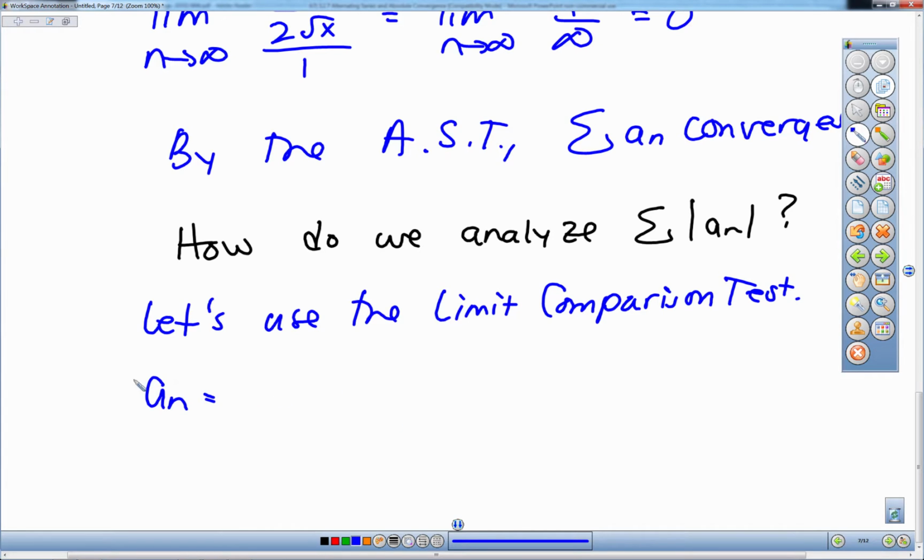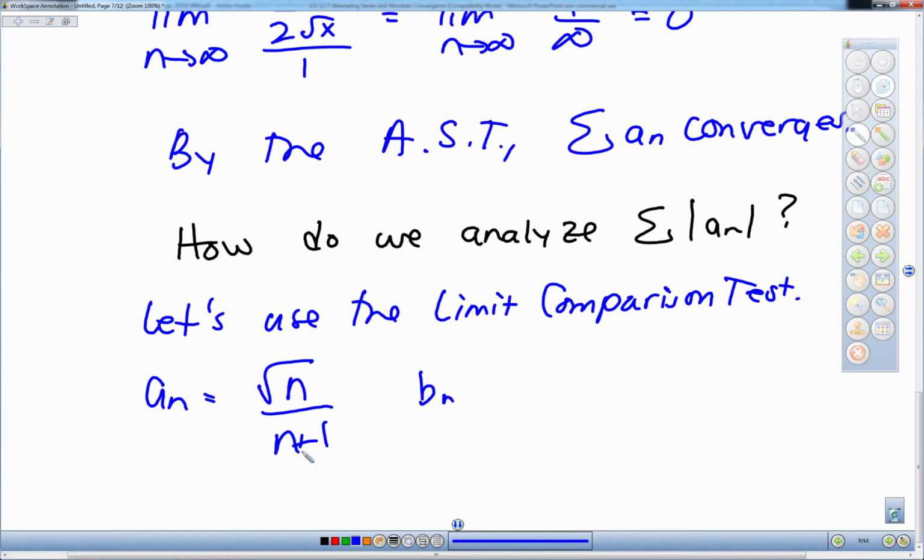Just to remind you, we take a sub n, in this case the square root of n over n plus 1, and we want to figure out another series b that's close to this, but is some kind of multiple of a sub n.